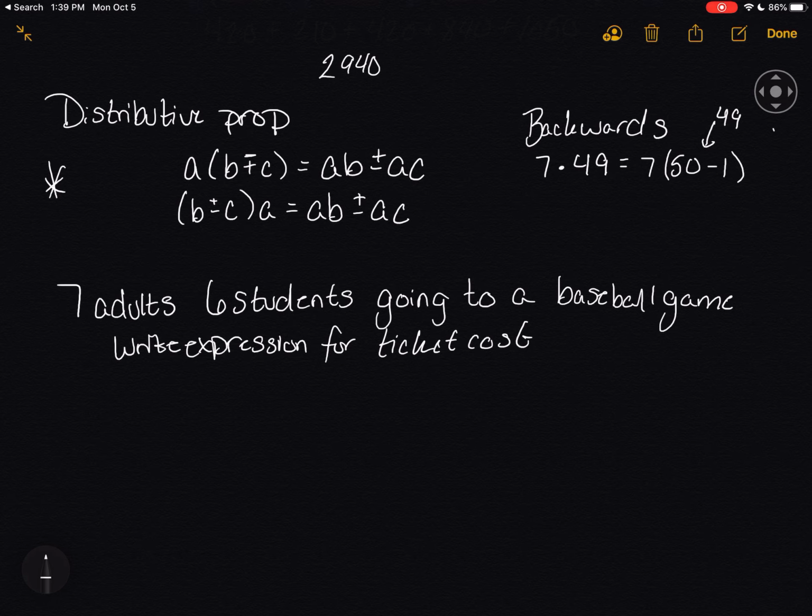And an adult ticket is worth $5. And a children's ticket is worth $3.